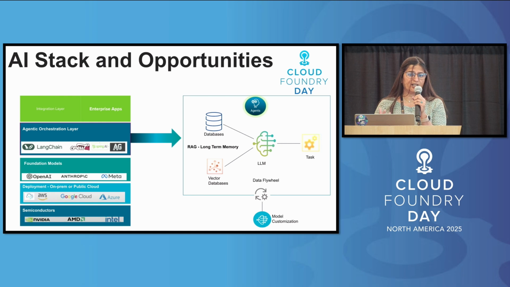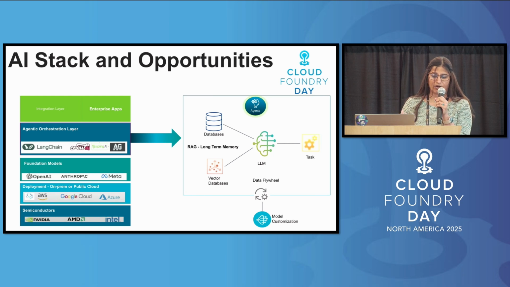But at the same time, there are limitations with these foundation models. How do you make sure that these models can be trusted? Also, the accuracy of the models depends on the quality of the data that they are trained on, even though they are trained on a large amount of data.